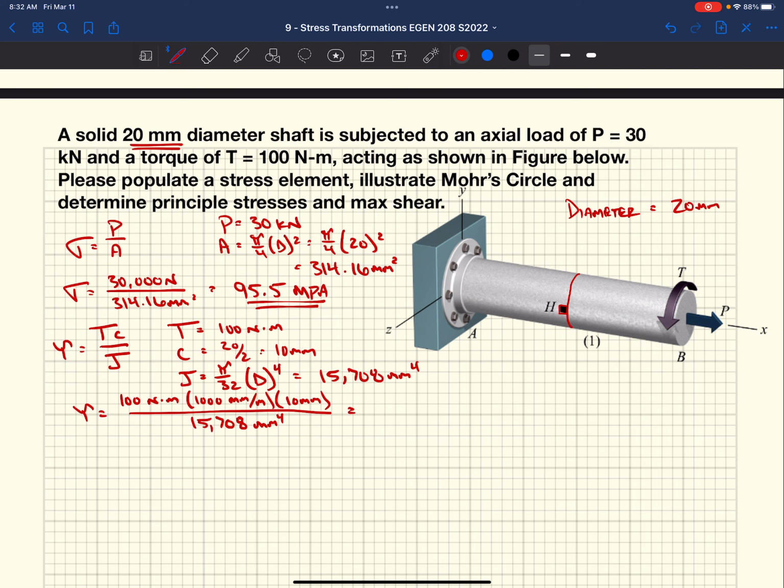We end up with newtons per millimeter squared, and the magnitude is 63.7 megapascals. And as you can imagine, if you do this part wrong, your Mohr's circle is wrong. So there's a critical point in this: you need to calculate your normal stress and your shear stresses correctly. We have torque, the max radius, and the polar moment of inertia, so we can figure out the shear stress.